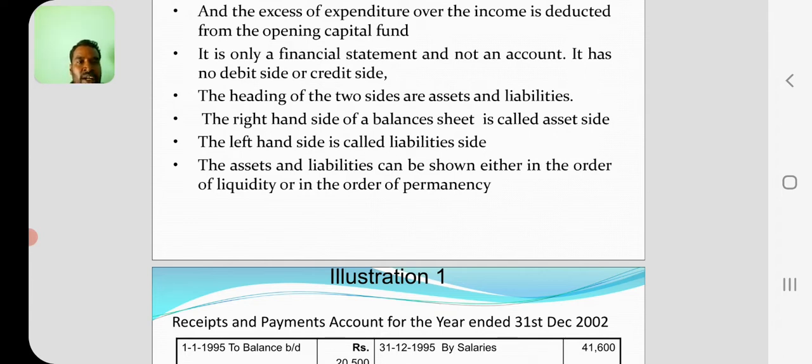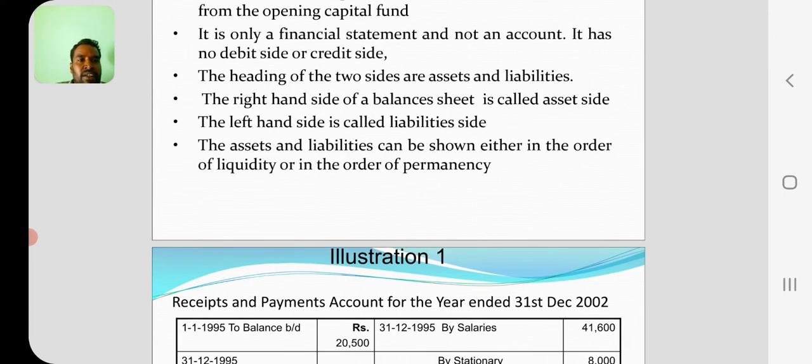The right hand side of a balance sheet is called the asset side. The left hand side is called the liability side. Okay, this is not an account, this is a financial statement. So we do not use the words credit side and debit side.